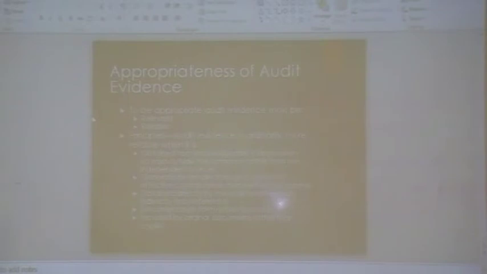The same with your debtors: you take a sample of your debtors, send off a circular to them, and they come back and confirm that this figure is right and it matches with them. So that's your audit evidence, obtained from outside, independent, rather than just being told to you by the client. They always say third-party audit evidence is better if you can actually get it.